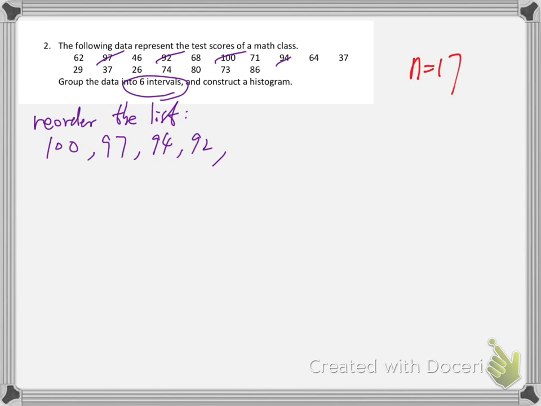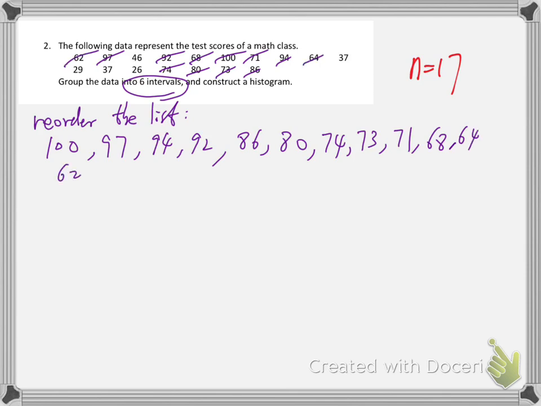So the next one is 86. 80. 74. 73. 71. 68. 64. 62. 46.